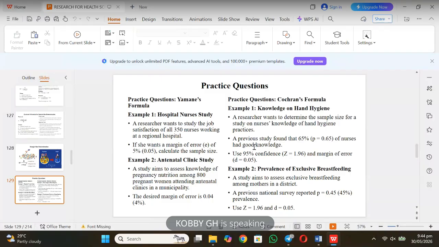Let's say I've found a particular paper done by someone. They've written that 75% of the patients had poor attitude. I'll pick that proportion, the 75%, then I will use it as my P. But in putting that P into the formula, you have to convert it into decimal.